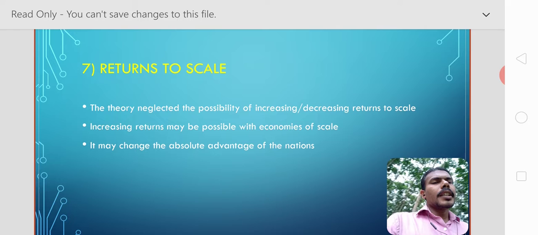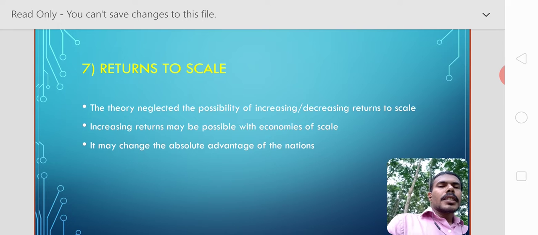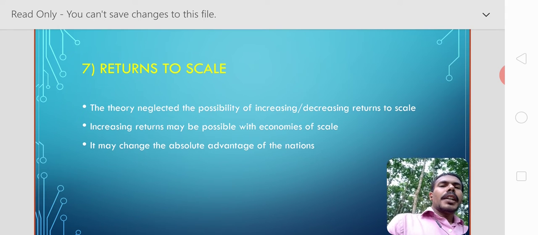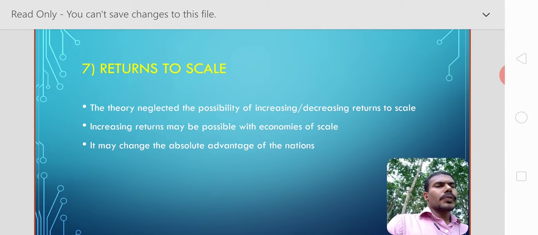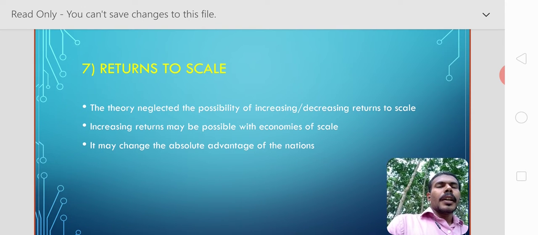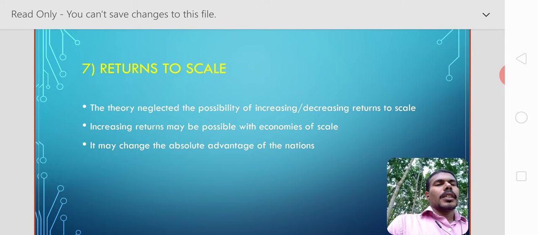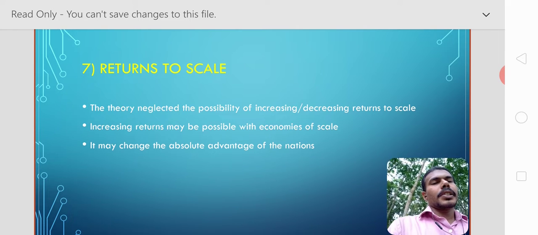So the possibility of increasing returns and diminishing returns has been completely neglected by the classical economists. This is to avoid the invalidation of the theory of absolute advantage. So when there is increasing returns to scale or diminishing returns to scale, it will affect the absolute advantage of two nations.